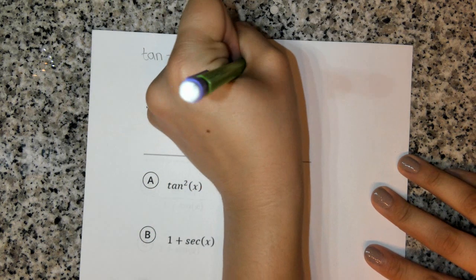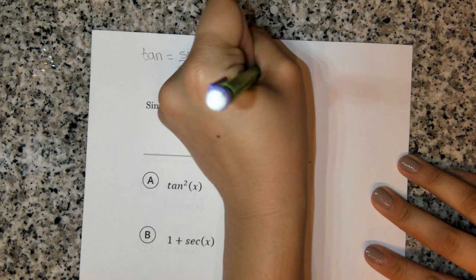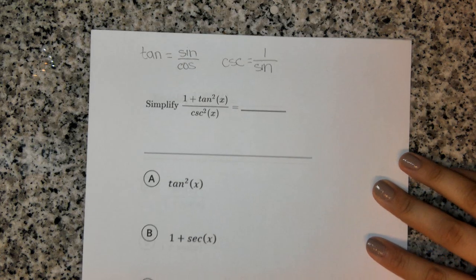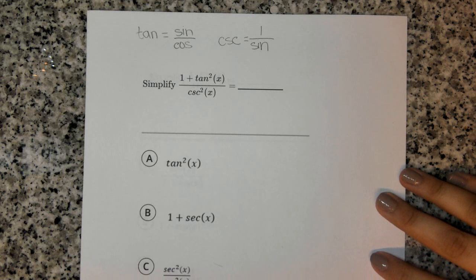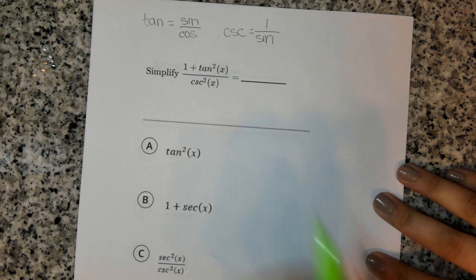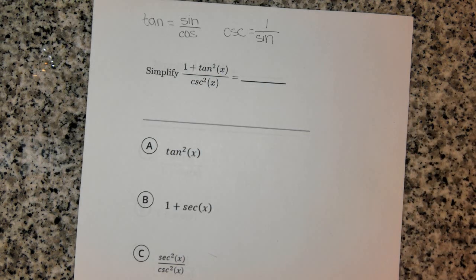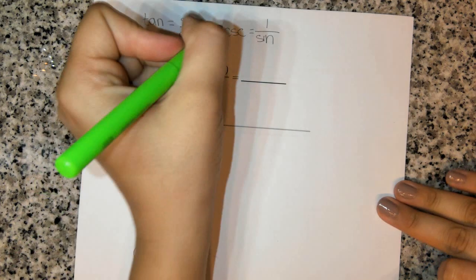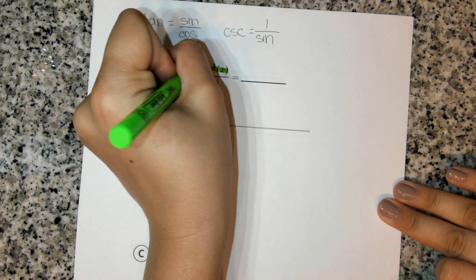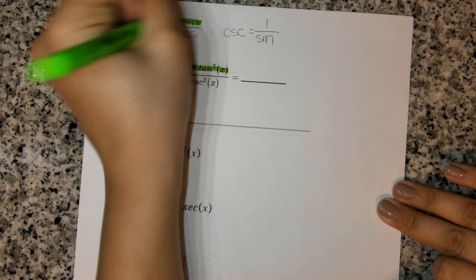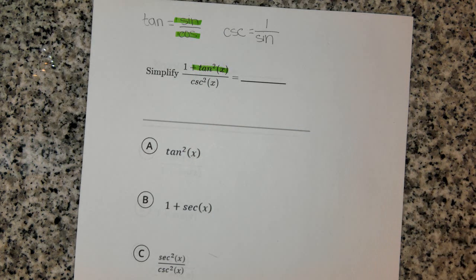Cosecant is 1 over sine. Okay, so that's what we need to know for this one.